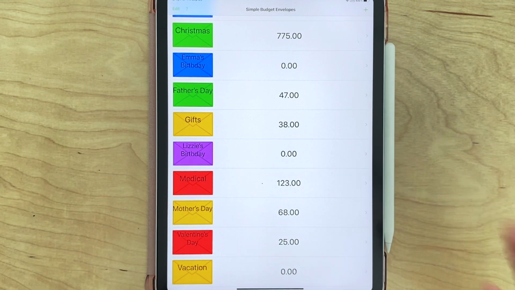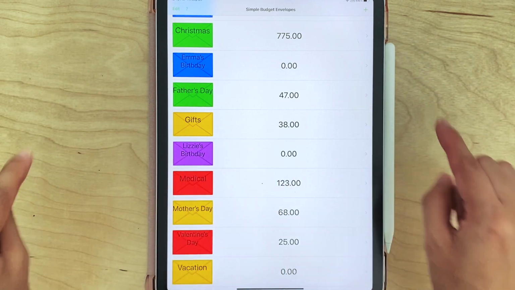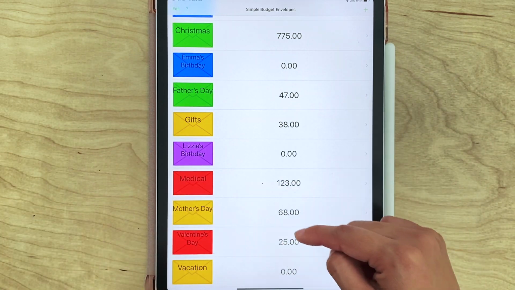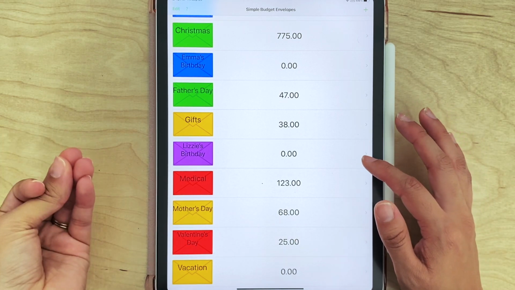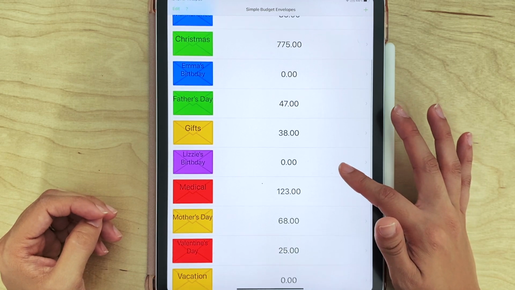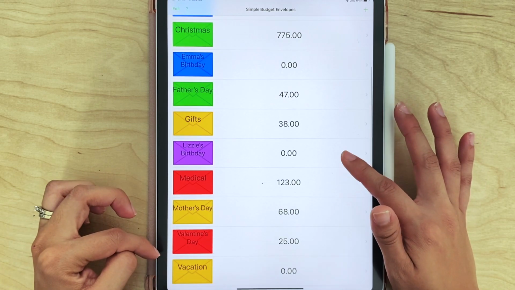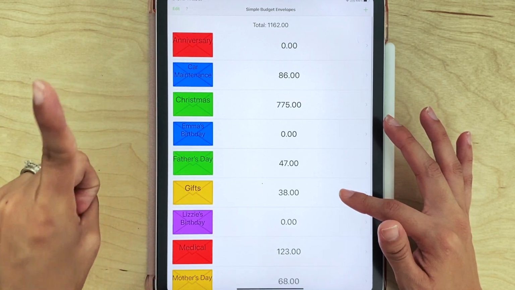Like, we don't know how much we want to spend for that. So I might merge those so that it's just in one cash envelope. And we do have this in a cash envelope. So that is something that we're probably going to be doing. And then vacation and anniversary, I do have that in one savings account.